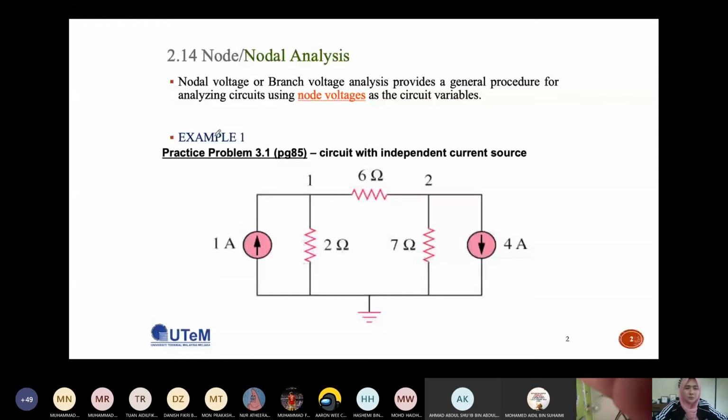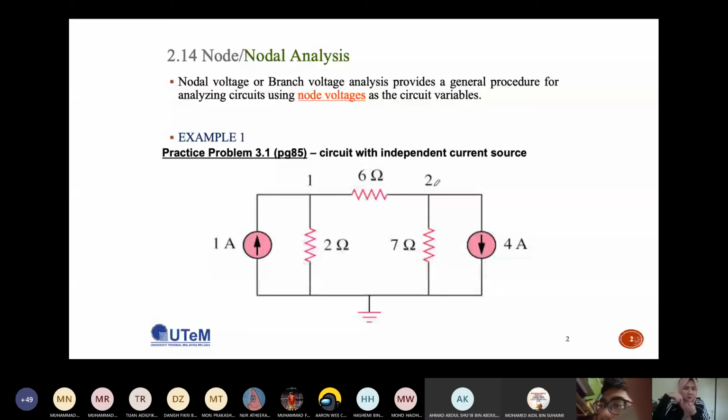Given the circuit, the question asks you to calculate V1 and V2. The question asks you to calculate the voltage V1 over here and also the voltage V2 over here. For the nodal analysis, we have several steps. You can refer to this slide.